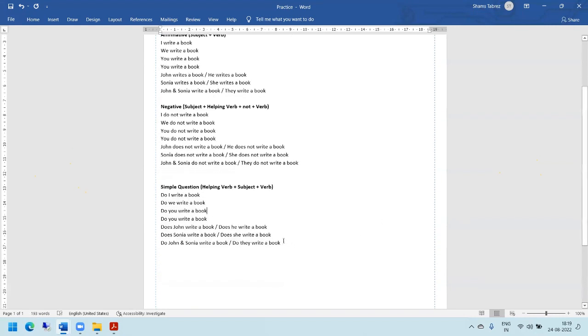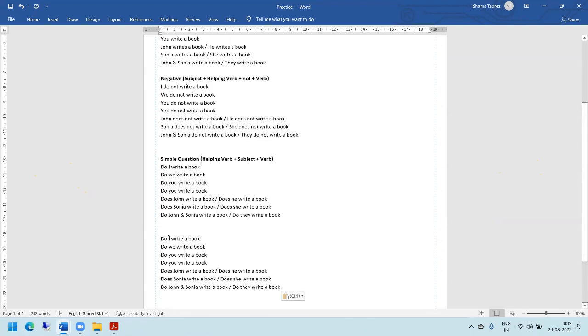And if I want to add not in this one, then what we need to do is, let me put it this way. For negative, if I want to add not, then it will be like, if only not is added: Do not I write a book. Do not we write a book.